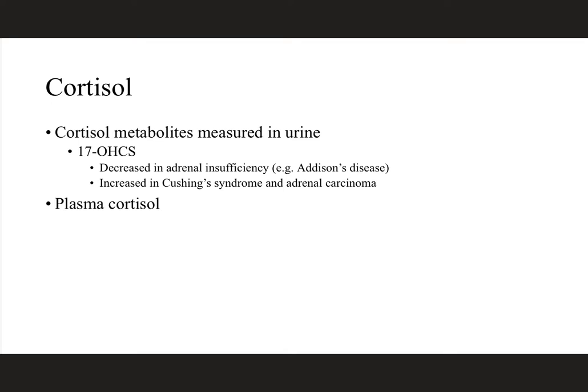It's just not working the way it should in pushing out enough of our corticosteroids. So we'll see a decrease in adrenal insufficiency, whereas in Cushing's syndrome, we will have an increase, and the same with an adrenal carcinoma. Remember, tumors usually lead to increases of hormones. The other thing we can measure is our plasma cortisol levels, and usually these are measured in the AM.